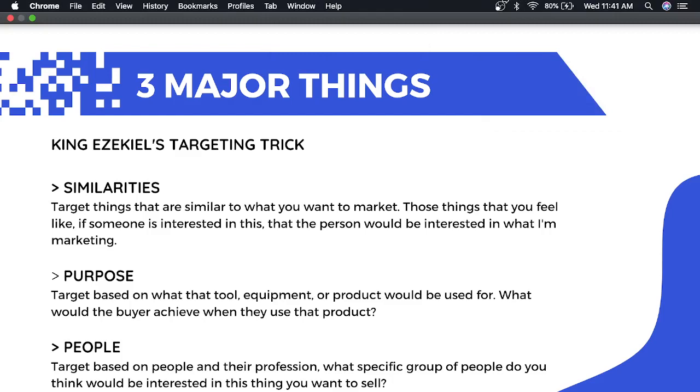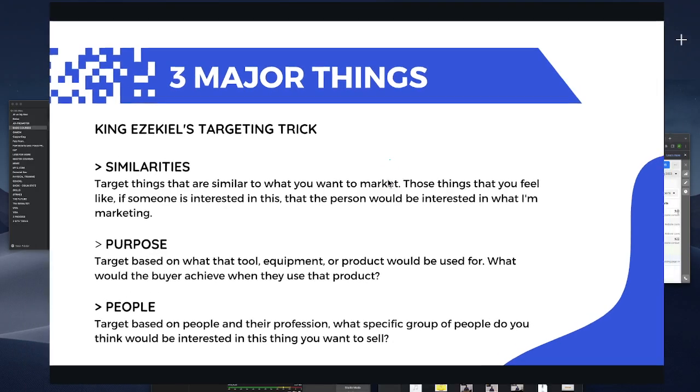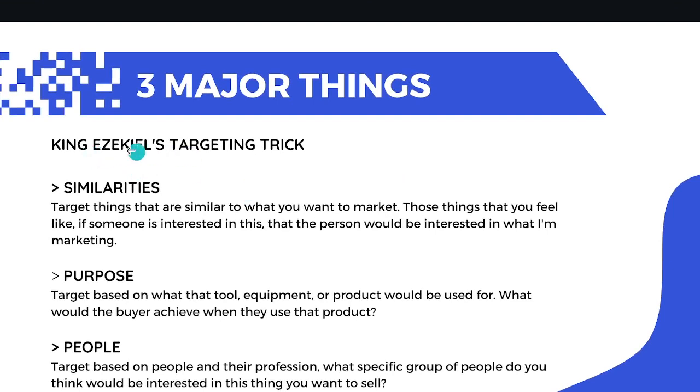I call it King Ezekiel's targeting trick. Good. Then go, you see that I've added it. King Ezekiel's targeting trick. So I use similarities, purpose, or people. Now let me explain better.